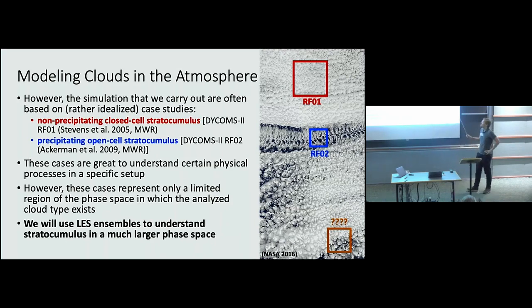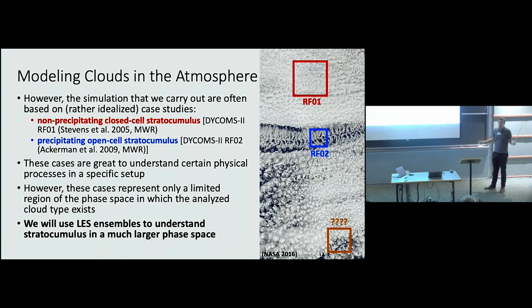There's this non-precipitating closed cell stratocumulus case based on the DYCOMS-2 campaign and research flight 1, which is something like this here in the red square. And then we have also open cell stratocumulus cases, also based on the DYCOMS-2 campaign, but the second research flight of that campaign, which is some kind of cloud system which is shown here.